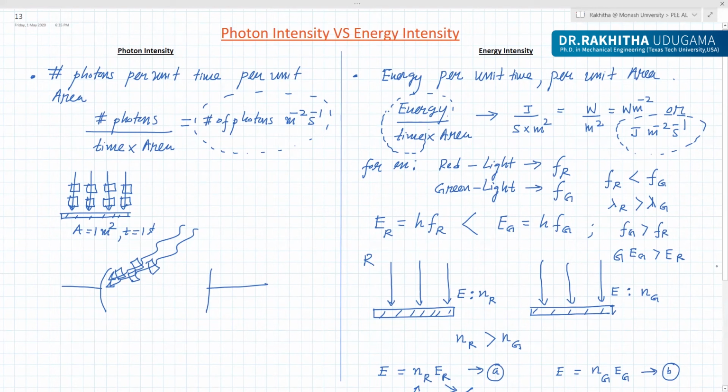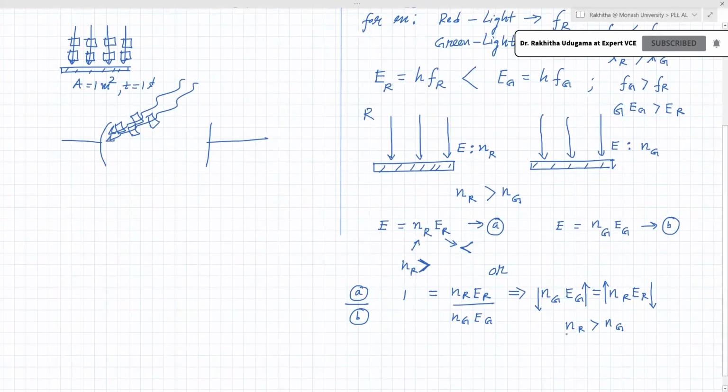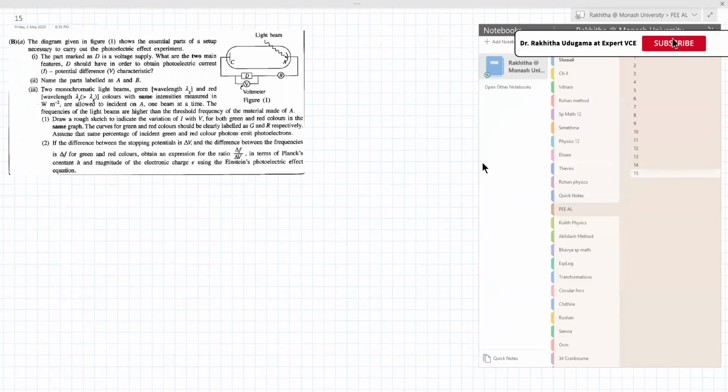Now when it comes to energy intensity, the story is different, right? So we have to be careful here. Energy per unit time per unit area. So what we have to understand ultimately is that the number of photons is higher in red than the green one. There is a recent question here. Let me show you the question.